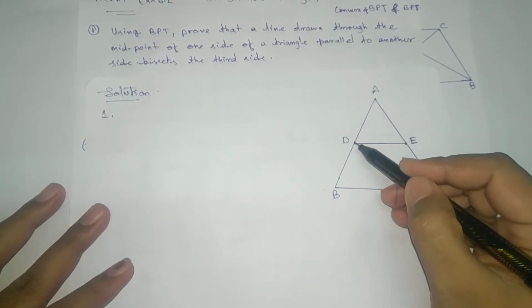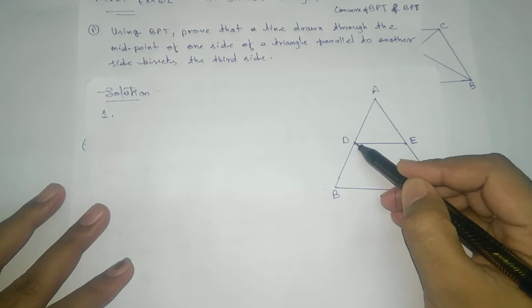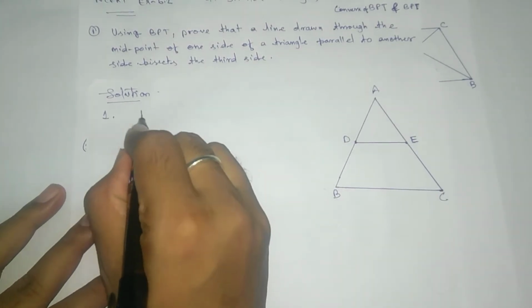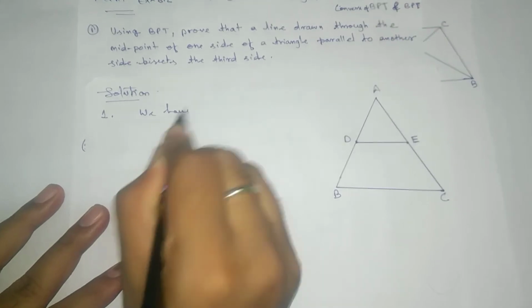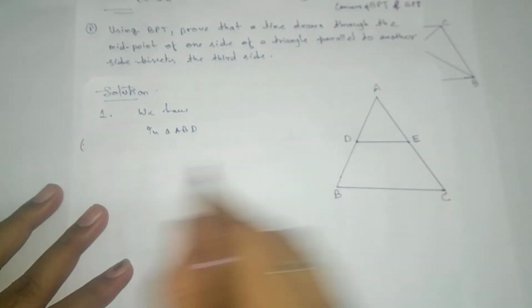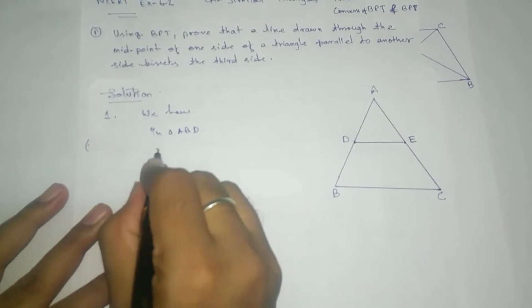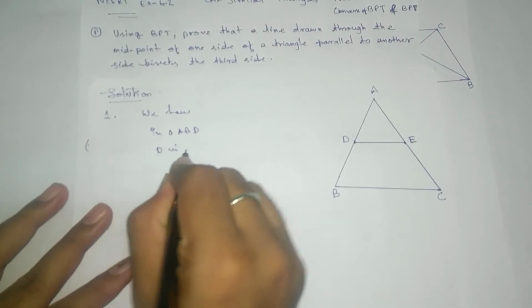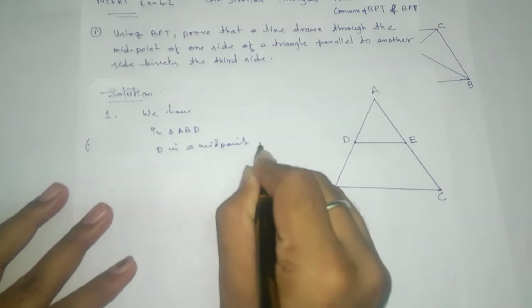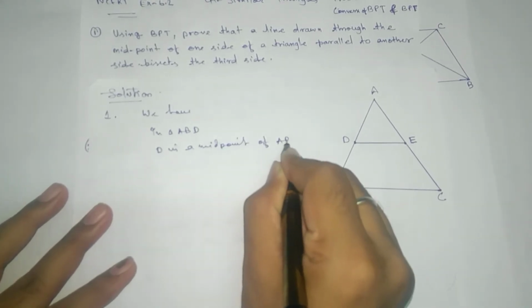midpoint. That means we are taking D as a midpoint, and it is parallel to BC. That means what we have in triangle ABC, D is a midpoint of AB.